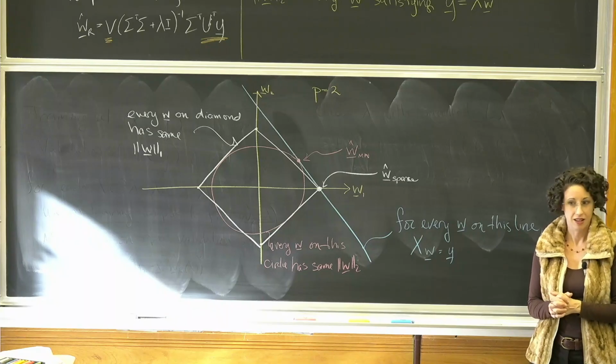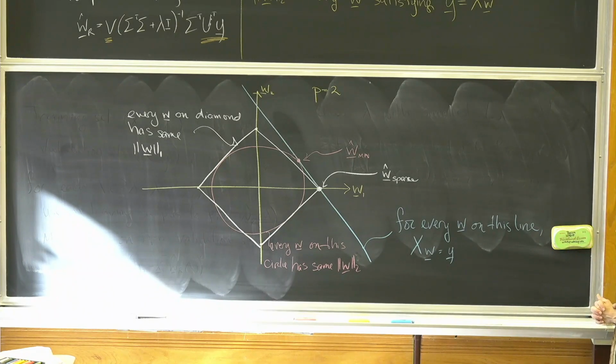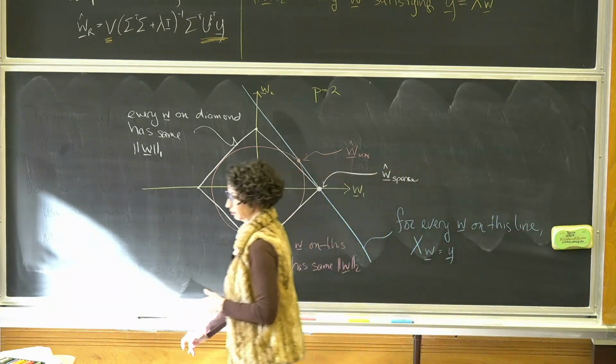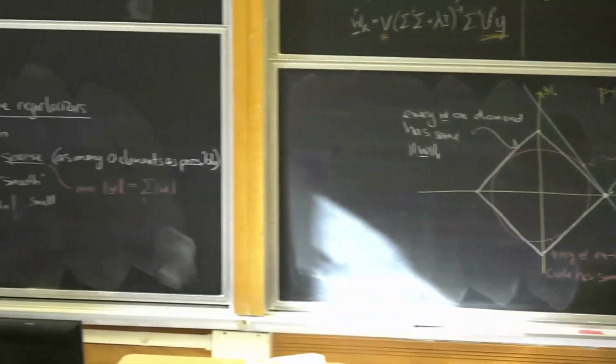So for sparse, do we mean as many 0s as possible, or do we mean the least L1? Because here for the white diamond, if we just want as many zeros as possible, then we can take the point that's anywhere on the y-axis. That's right.